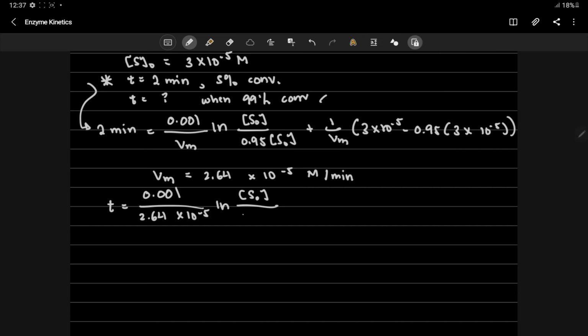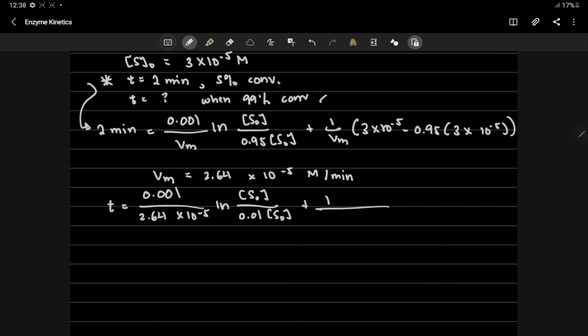So magiging 100% minus 99% is 1%, and 1% is 0.01, right? So 0.01 times the initial concentration. Okay? Plus 1 over Vm.